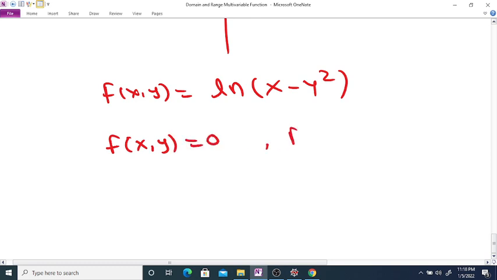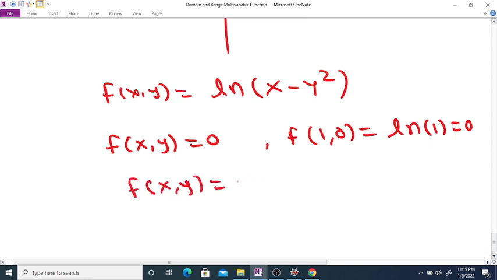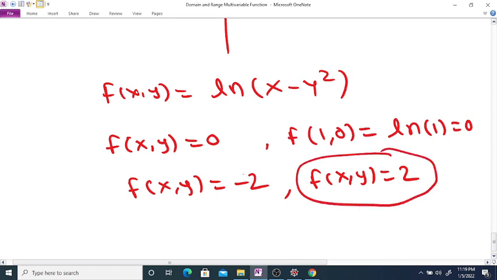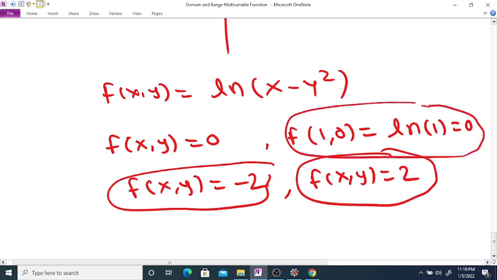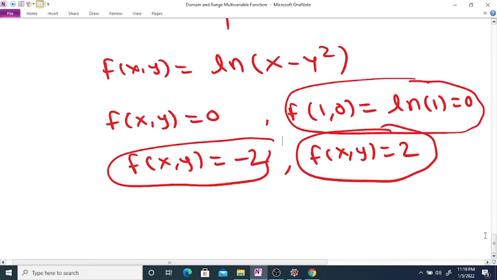For example, if you consider f(1, 0), then f(1, 0) is mapped to ln 1, which is equal to 0. Also you can find (x, y) such that f(x, y) is equal to, say, minus 2, and also equal to 2, and so on. That is, you can obtain positive as well as negative values, and 0 also, since there exists a pair such that f(x, y) is equal to 0.